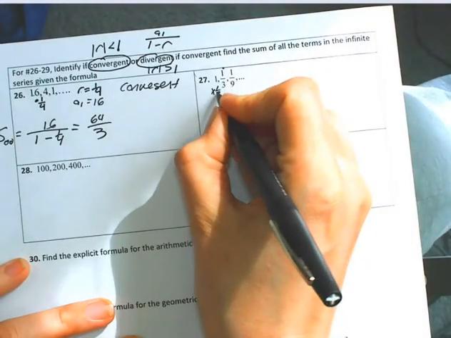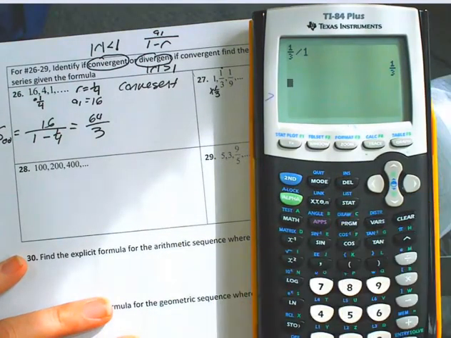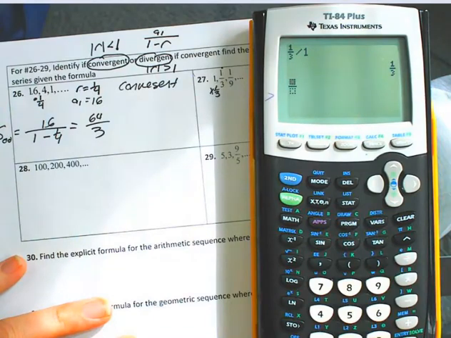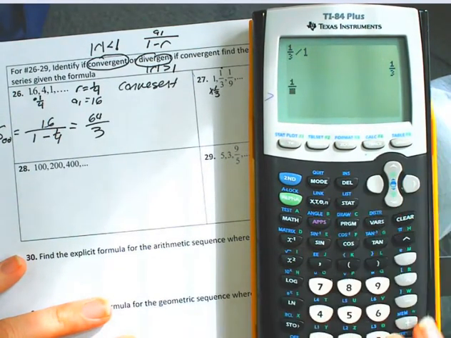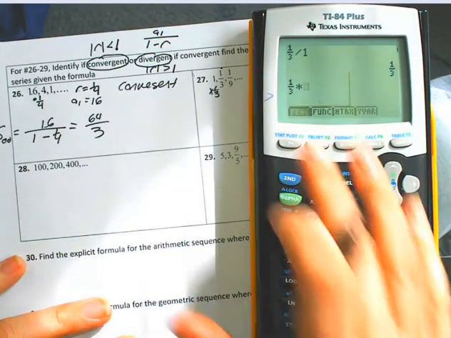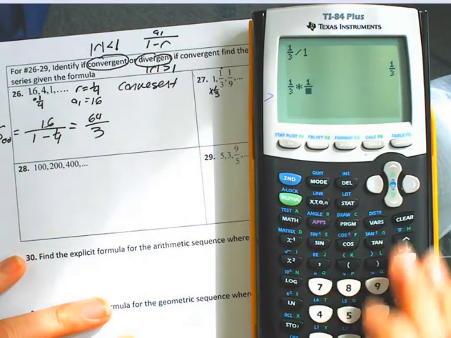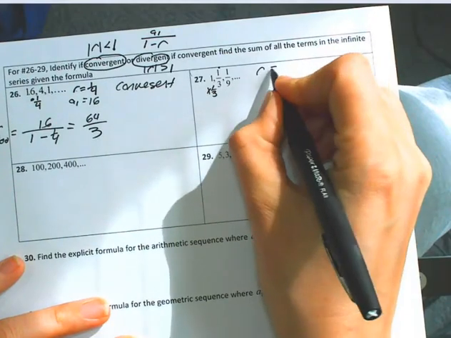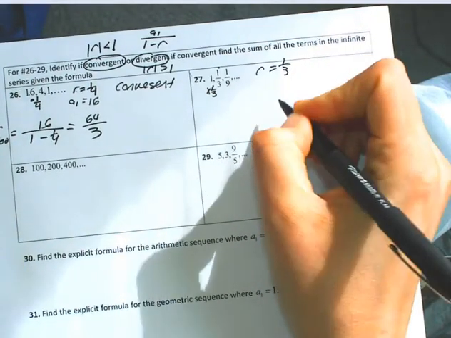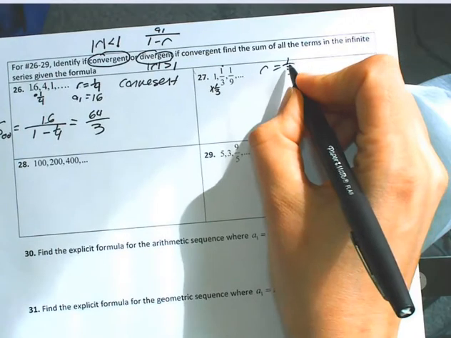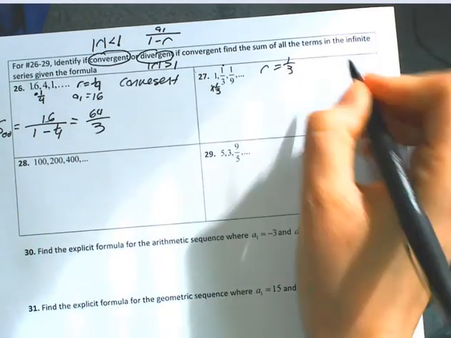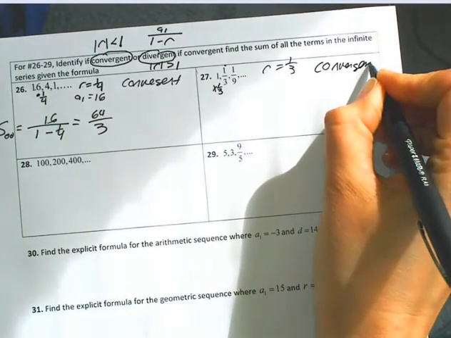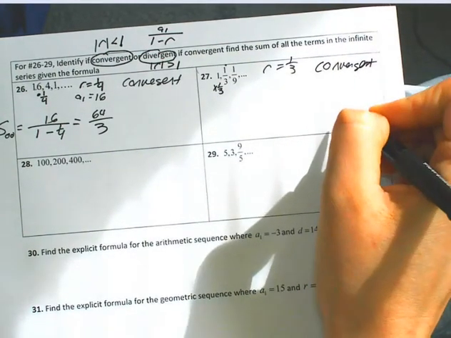And then you can check that. 1 over 3 times 1 over 3 gives me my third term, which is 1 over 9. So r equals 1/3. Is the absolute value of 1/3 less than 1? Yes, it is. So I know that this converges.